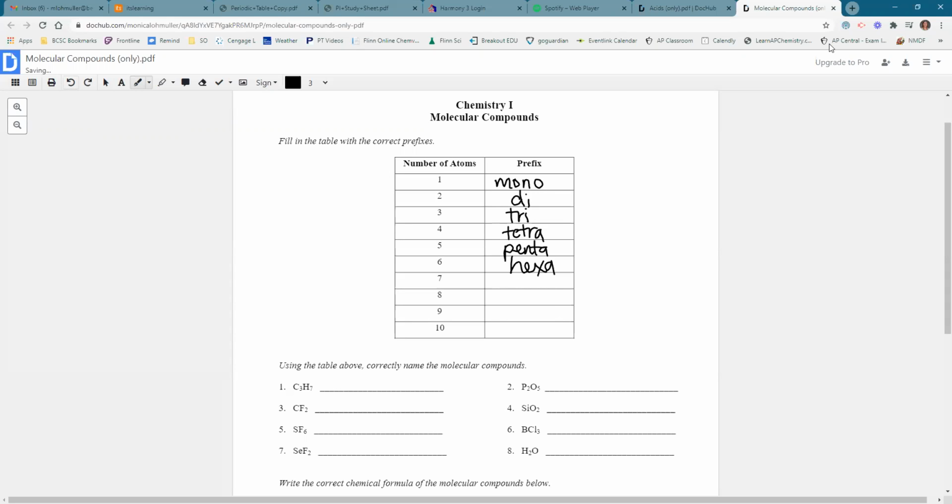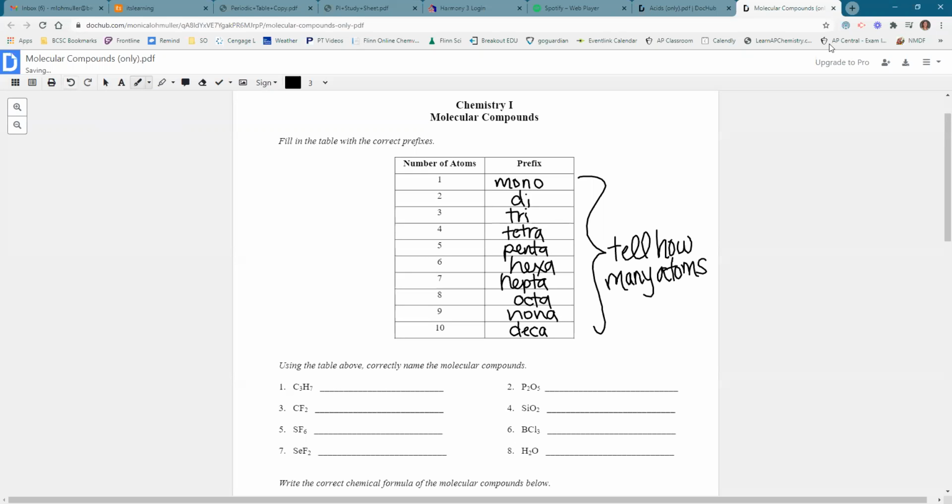Oh my goodness. Okay. Hepta, octa, nona, and deca. These prefixes tell how many atoms are there.